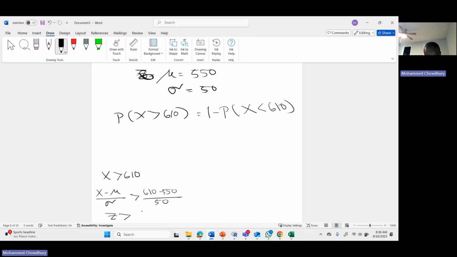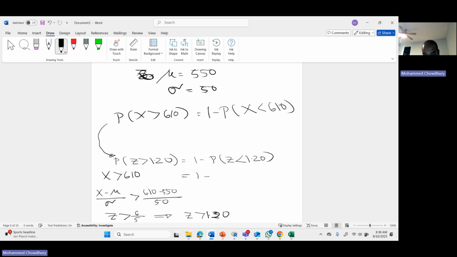Then this is equal to 60 divided by 50, that means 6 over 5, which is 1.20. So this can be written as probability of Z greater than 1.20, which is 1 minus probability of Z less than 1.20.